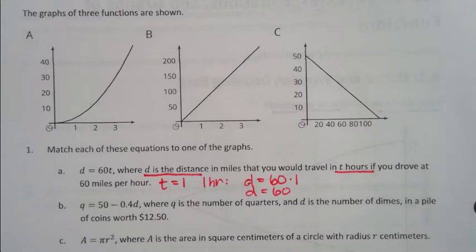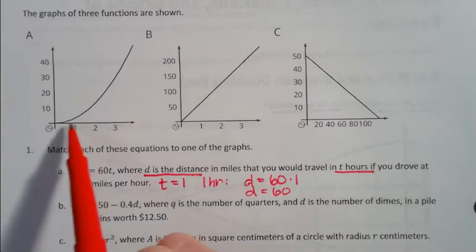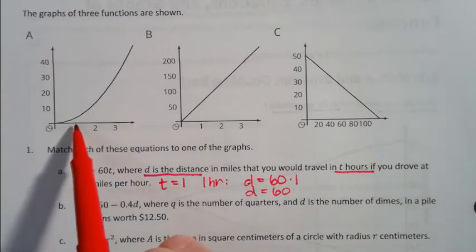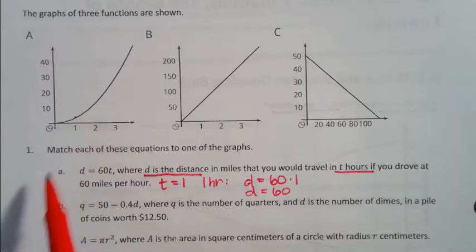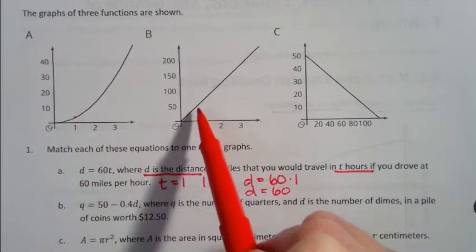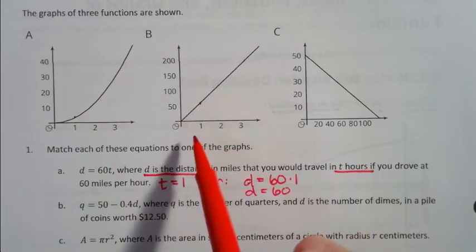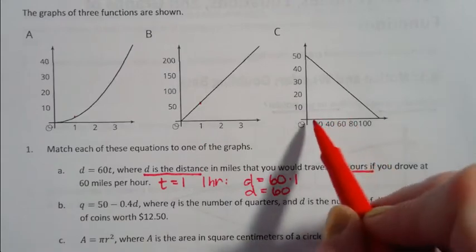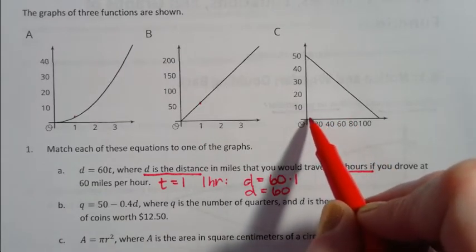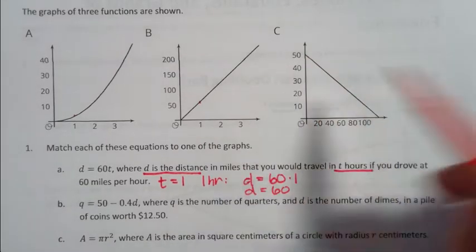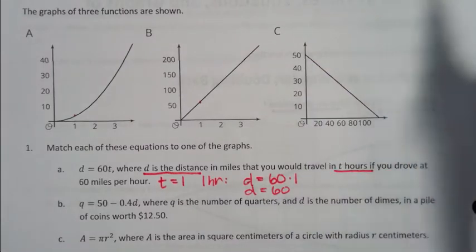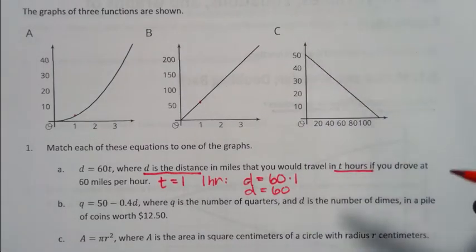Which of these has a point where when the t is 1, the d could be 60? Well, if I look here, if this was my t, that definitely right here would not be 60. If this was my 1, that looks like it could possibly be 60. Now, 1 would be really tiny down here, and could maybe that could be, no, that's 50. So C is probably out.